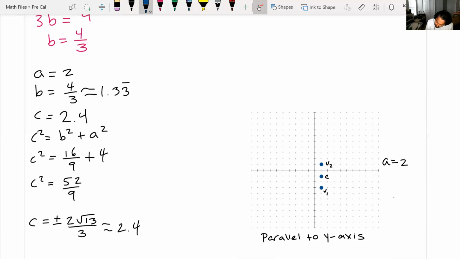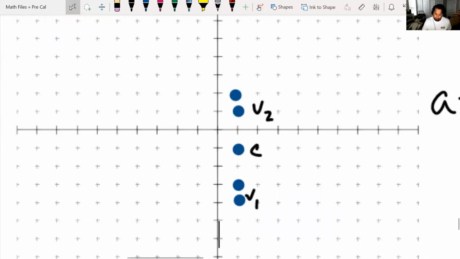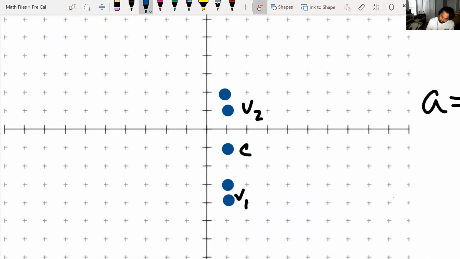So 1, 2, and then somewhere around there, and then 1, 2, and somewhere around there. Those are my foci, foci 1, foci 2.